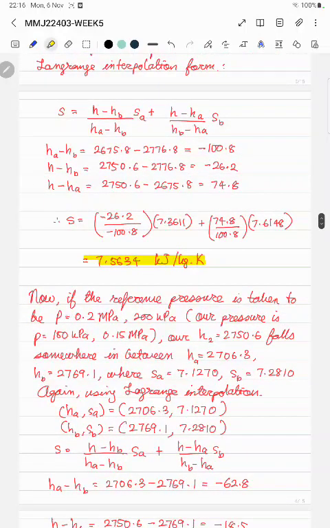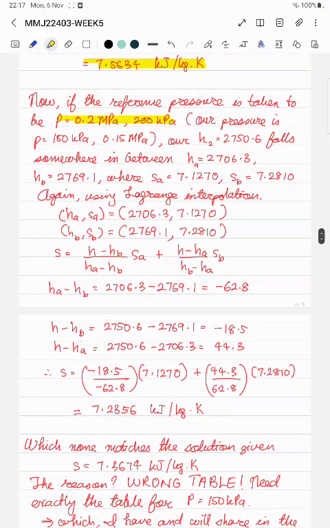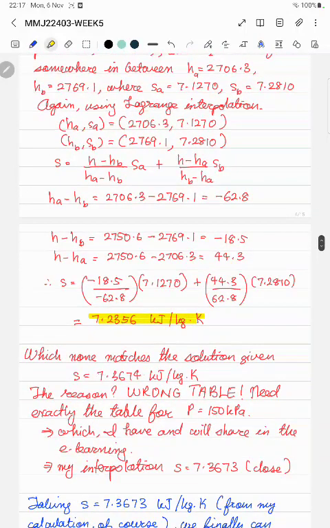And if you use the 200 kilopascal table, you end up with an entropy of 7.2356, which are both not the same as the solution given in the textbook. The reason is that you cannot just directly interpolate the value of entropy and enthalpy from a different pressure setting.